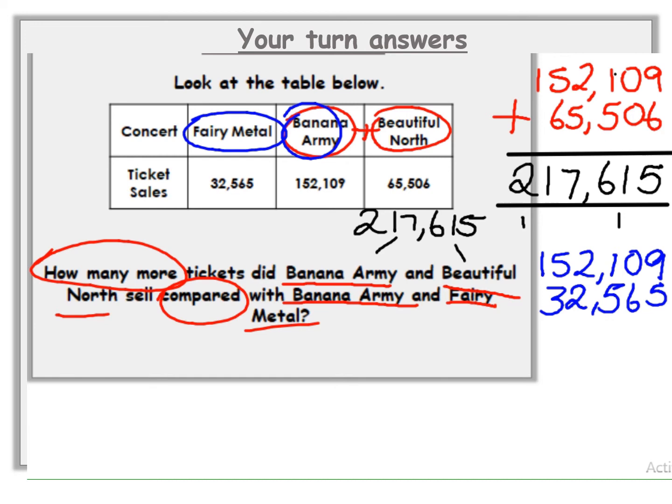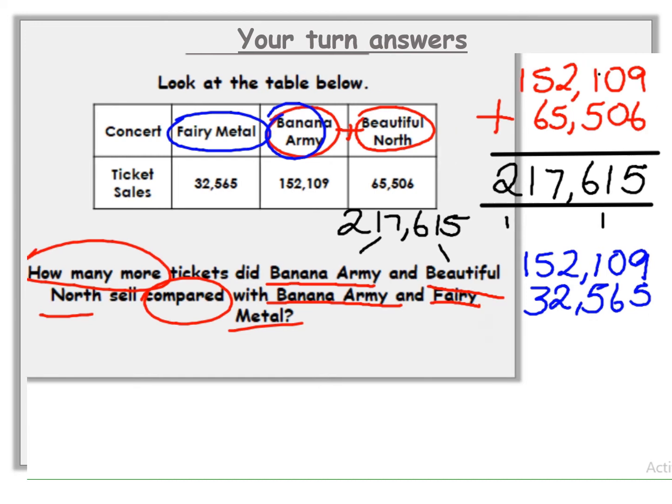Really important that you line your questions up carefully. It's hard to do it on a board to have a lot of squares, but you need to be on the right columns.